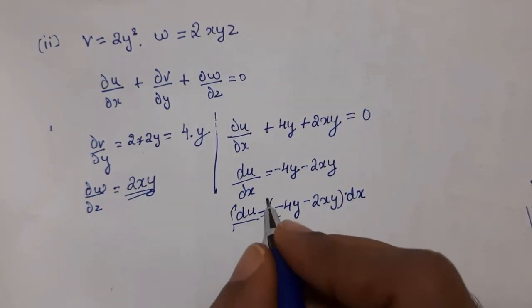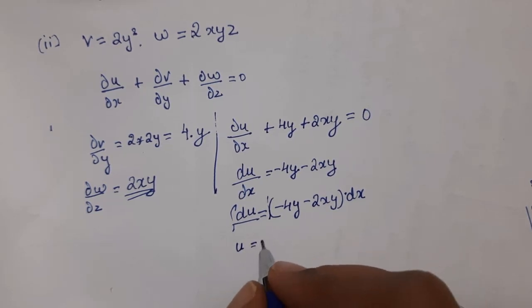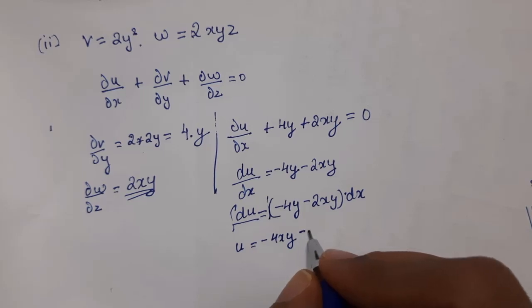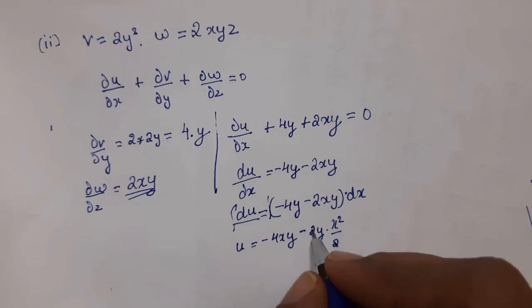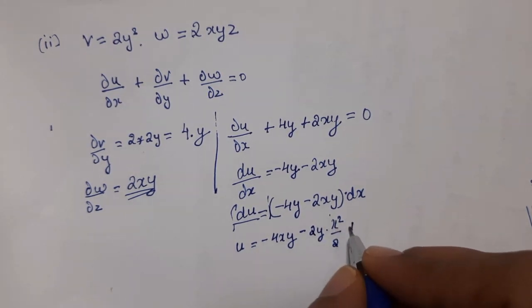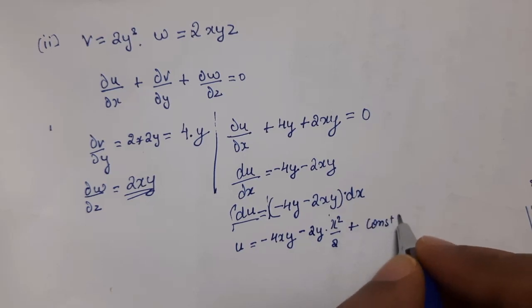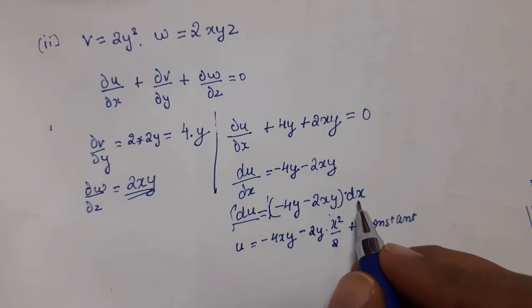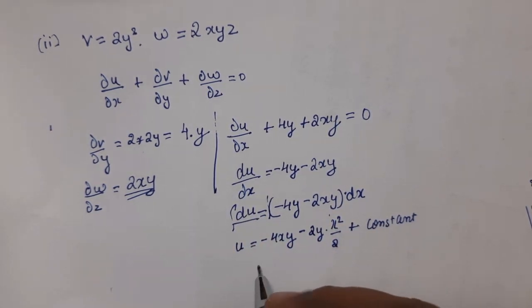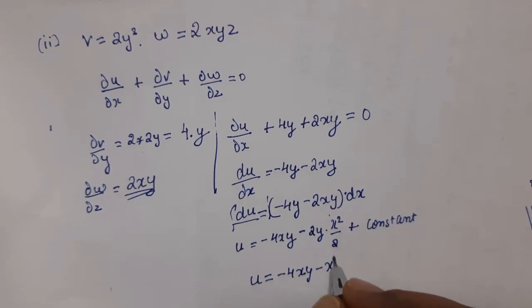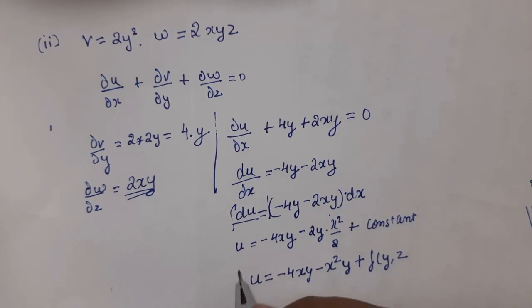Integrating on both sides, we will get u is equal to minus 4xy minus 2y, integration of x will be x square by 2, so the 2 gets cancelled, plus the constant here. The constant will not be a function of x, it will be a function of z and y. So we will write this equation: u is equal to minus 4xy minus x square y plus a function of y and z. So this is the equation.